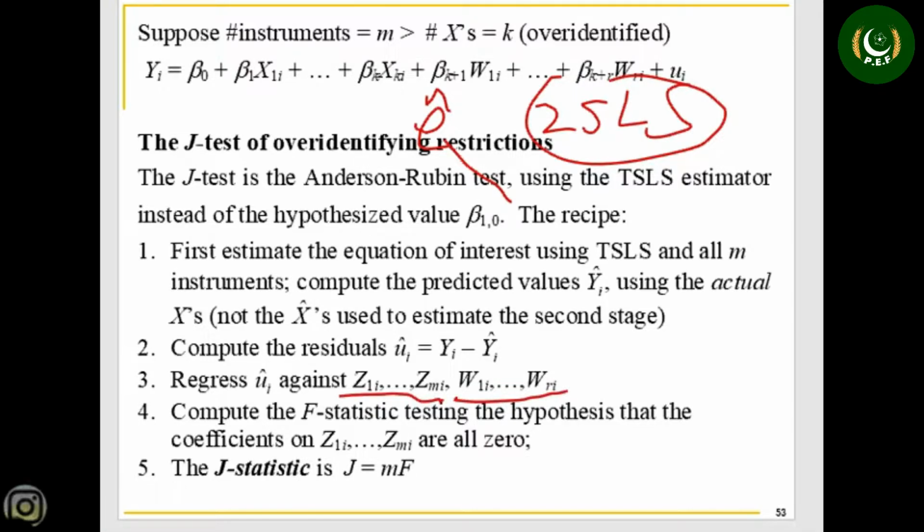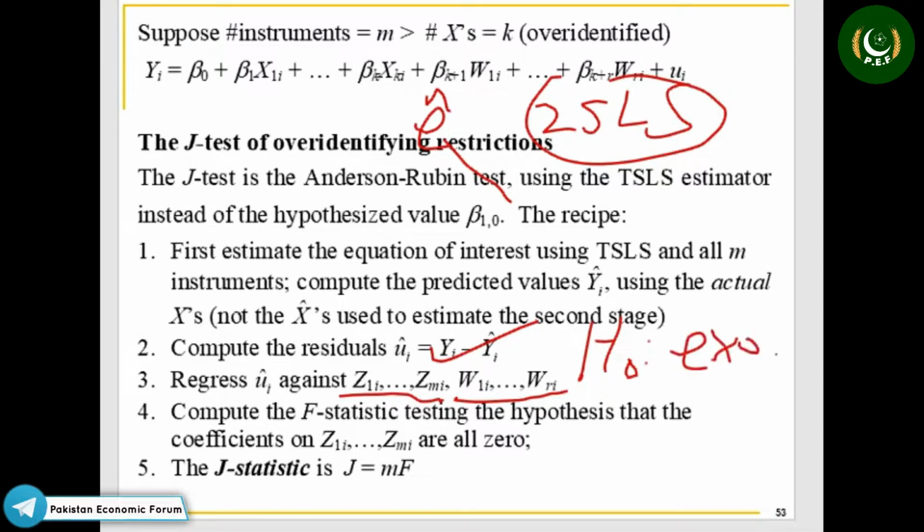If this F statistic is significant, it means you have endogenous regressors. H naught is that all instruments are exogenous. If this null hypothesis is rejected when you regress this E hat on instruments and exogenous regressors, it means instruments are not exogenous. If it is not rejected, it means instruments are exogenous.